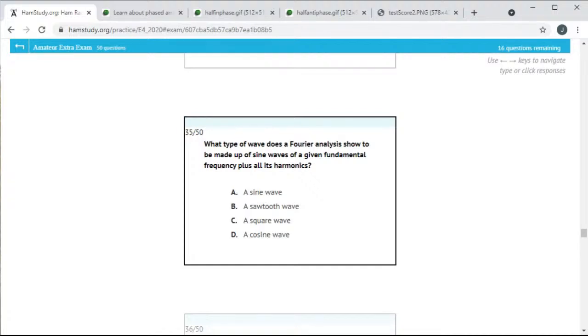A, a sine wave. B, a sawtooth wave. C, a square wave. D, a cosine wave.